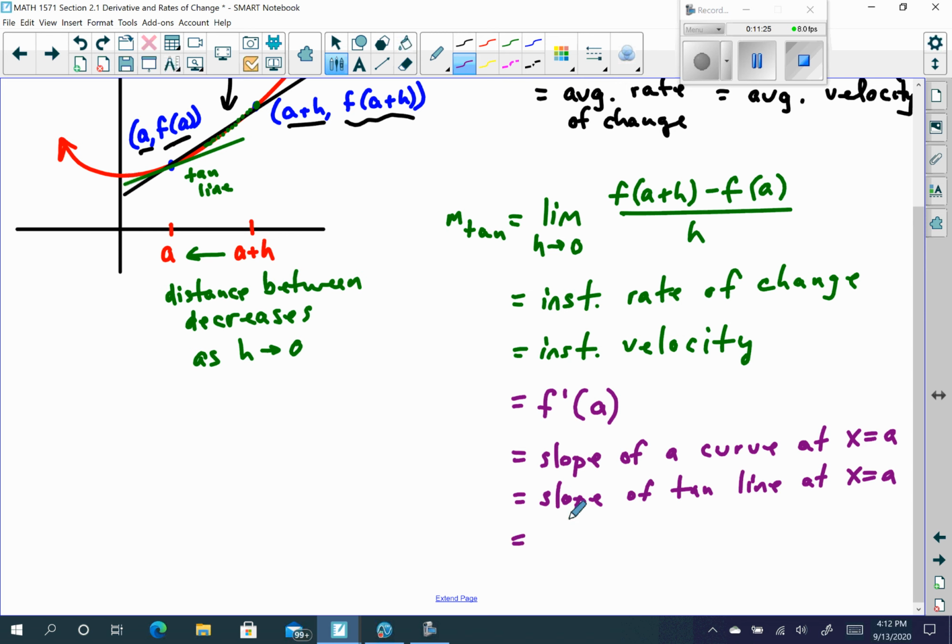And it also means the derivative of a function. So we'll say derivative of f of x at a specific x value, at x equals a. So all of these mean the same thing: instantaneous rate of change, instantaneous velocity, the definition of derivative that's at the very top, f prime of a. All of these are synonymous with the slope of a tangent line at a specific x value.